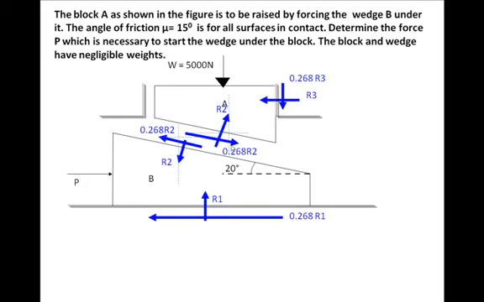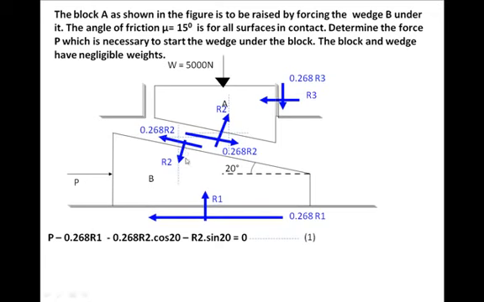And this 5000 is the weight which acts down and which we are trying to lift. Now, as already mentioned, the x-axis will be horizontal, the y-axis will be vertical, and we'll write sigma Fx and sigma Fy for each of them. Let's take wedge B, the lower block, and write sigma Fx. P minus this 0.268 R1, and then the component of 0.268 R2 in the x direction; the angle here is 20, so it is cos 20. And this R2 also gives a component in the x direction.